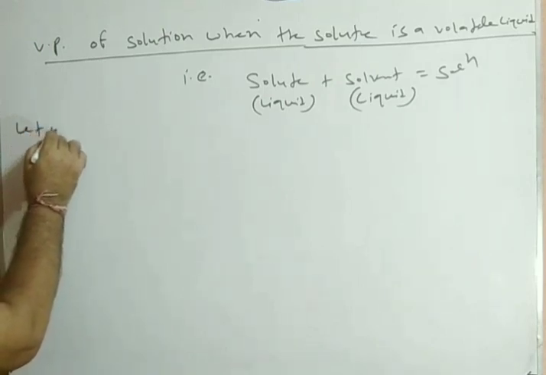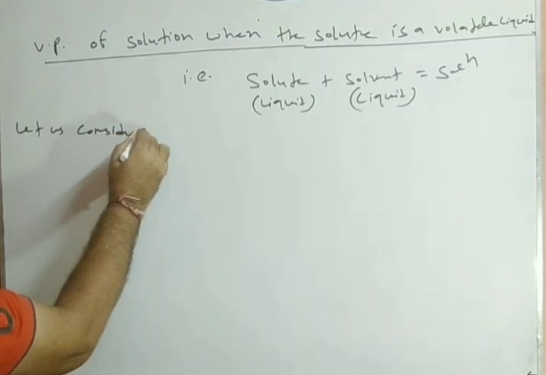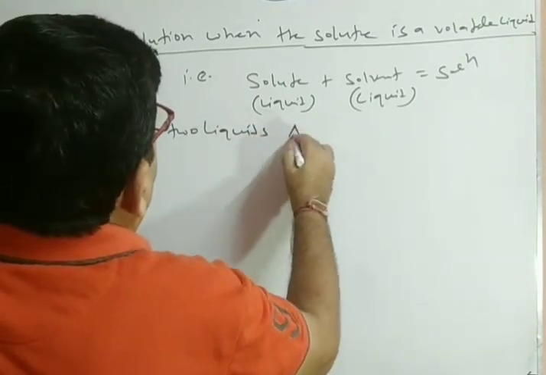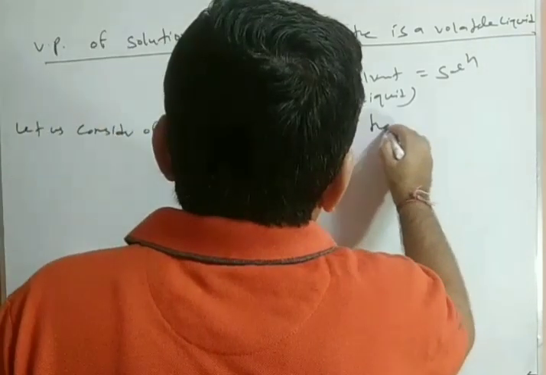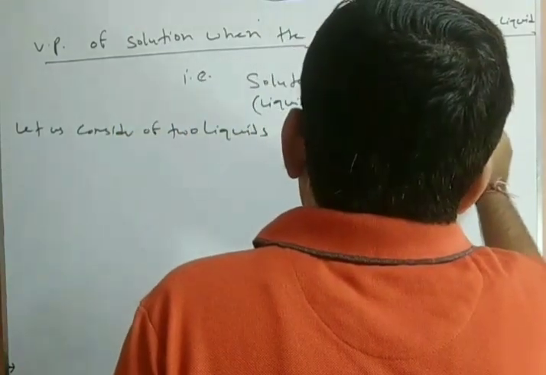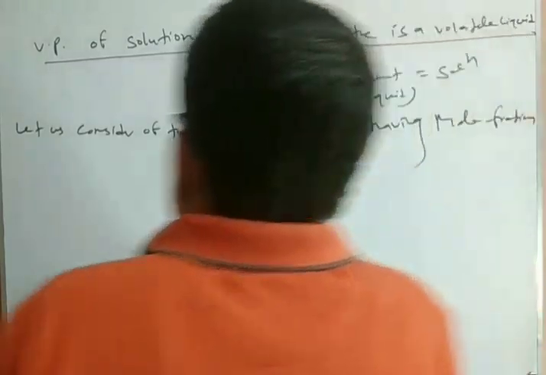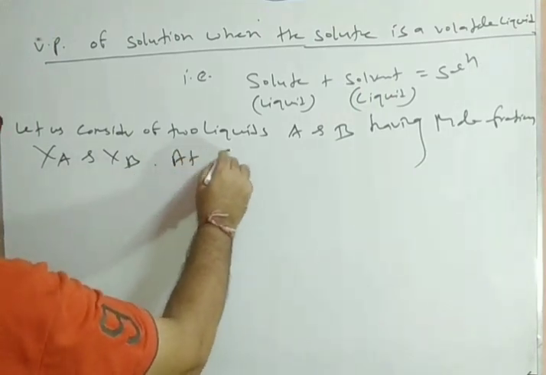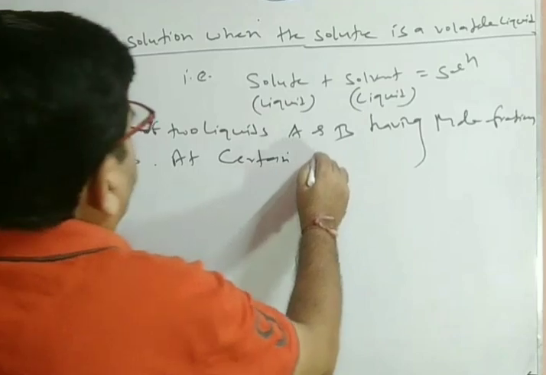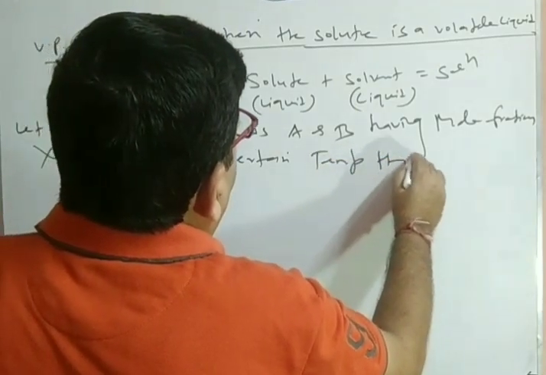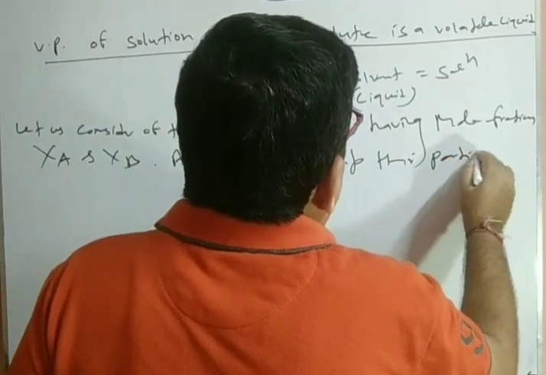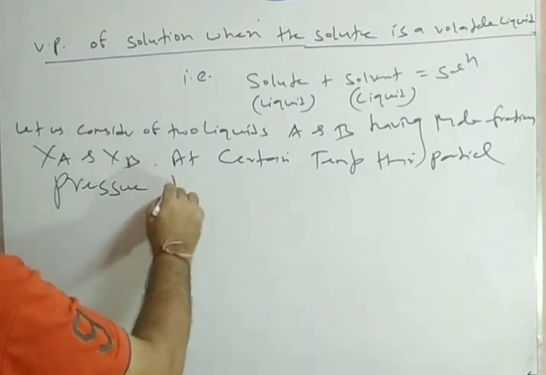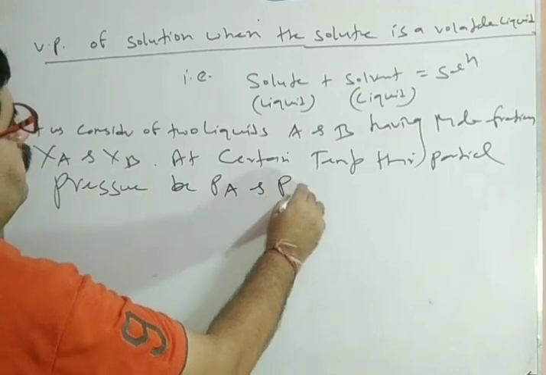For this, let us consider two liquids, A and B, having mole fractions XA and XB at a certain temperature, with partial pressures PA and PB.